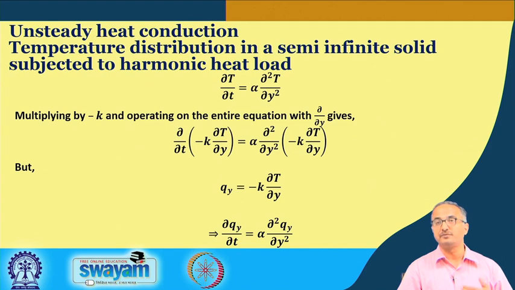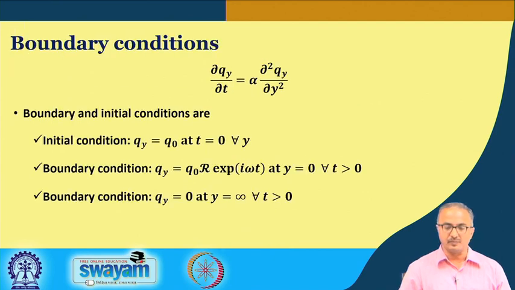Why do we put in terms of Q? Because our boundary condition is given in terms of the Q. If you do not do this, the other way is that we have to convert this Q in terms of T. That is also possible. Whatever way you do, you will get the same solution.